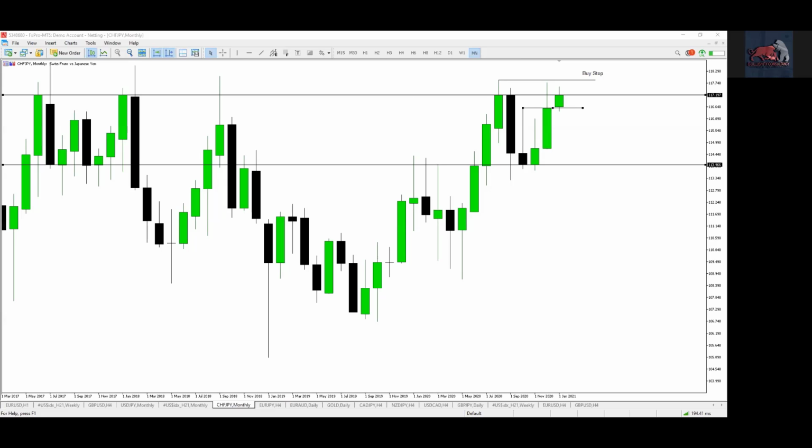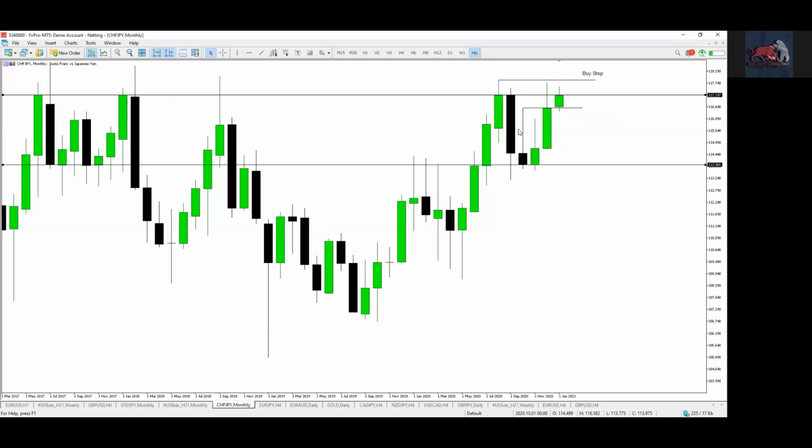And if dollar gains momentum to the upside, then expect CHF to drop down to an old high. This high in between here, price will likely drop down to that level. Coincidentally, which is the opening price of January, maybe just a few pips above the opening price of January.